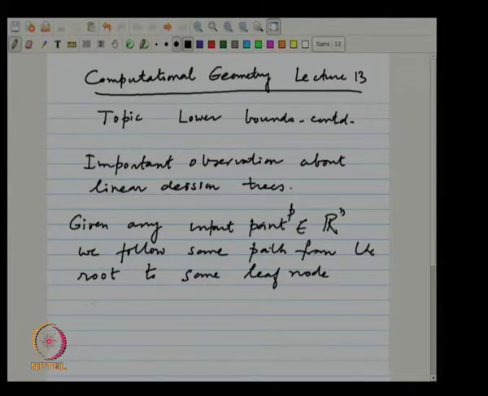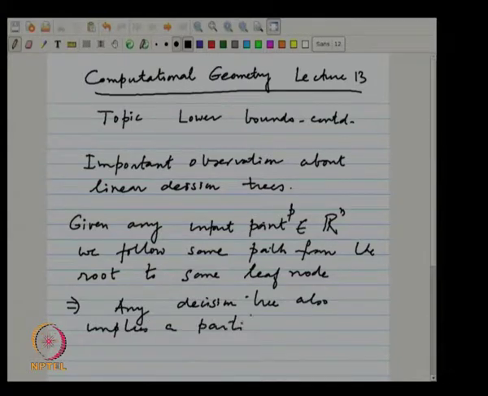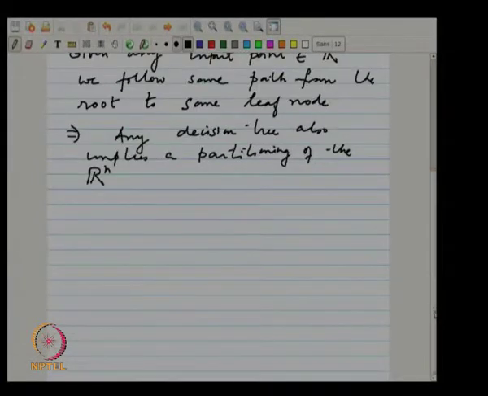So, in other words, this decision tree itself, whatever it is, some specific decision tree, any decision tree also implies a partitioning of the n dimensional space in the following way.